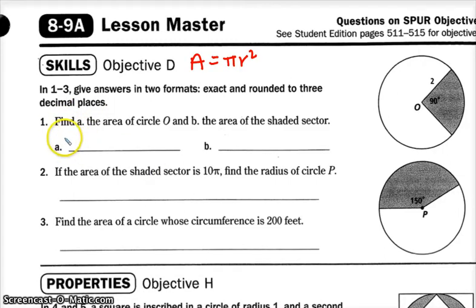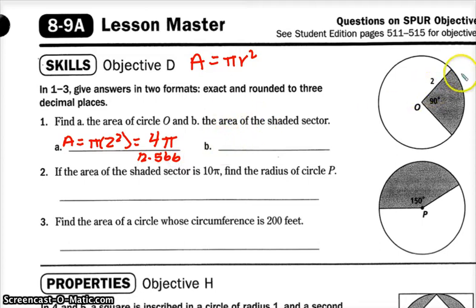So our area equals pi times 2 squared, which equals 4 pi. The decimal approximation there is 12.566.